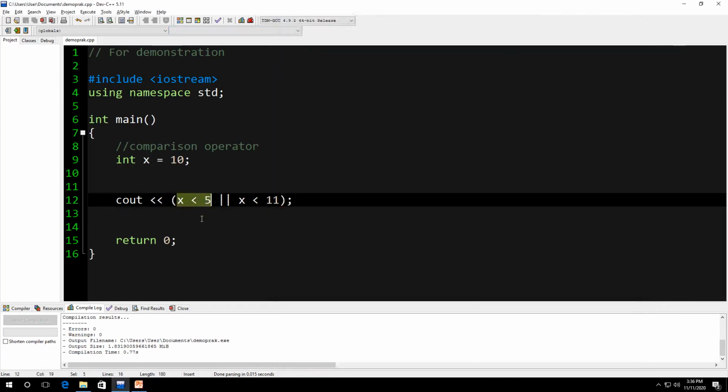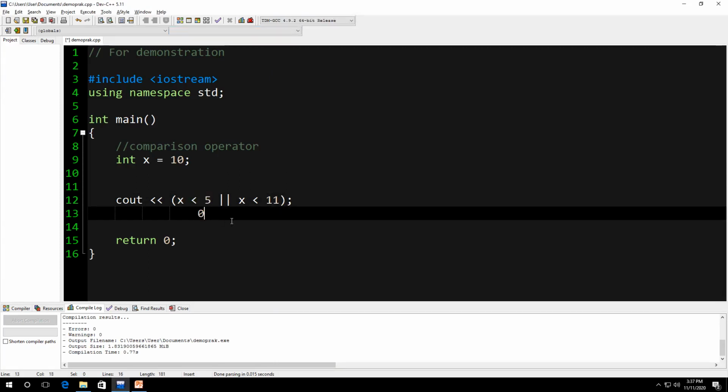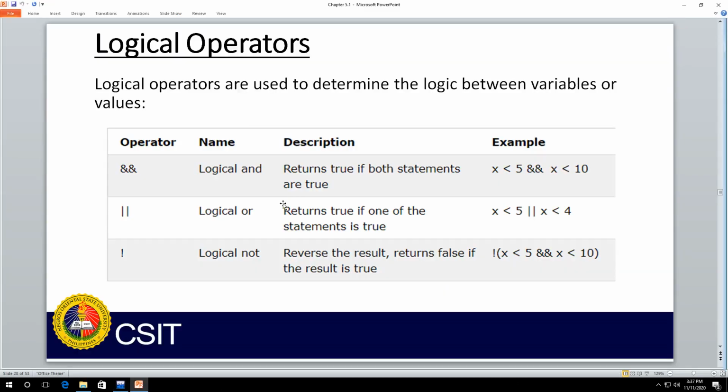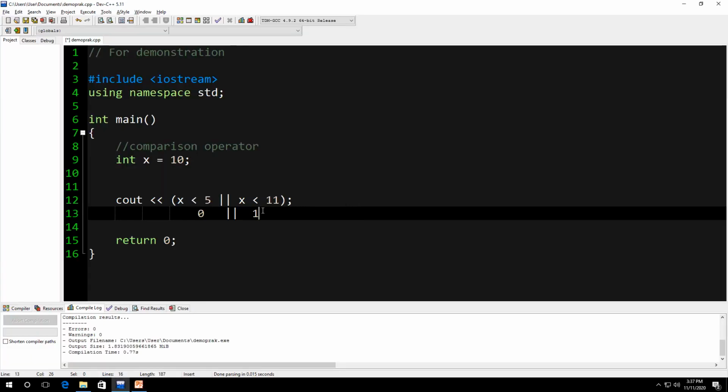For this one, is x less than 5? It is false. Or is x less than 11, which is true? In the description, logical OR returns true if only one of the statements is true. So one of the statements is true, so your final answer is true.